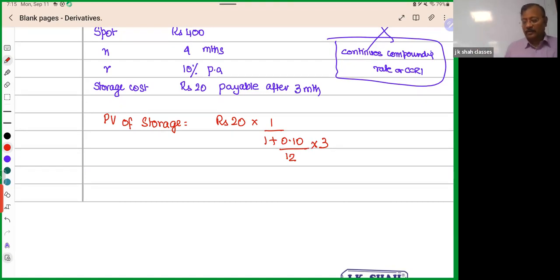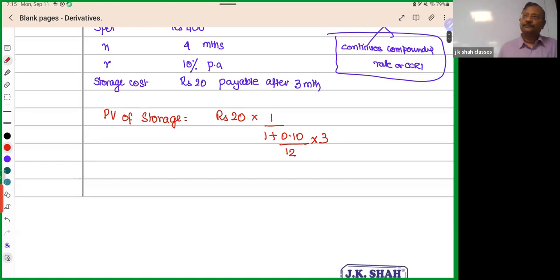Discounting for 3 months. How much does this come out to? 19.51. This is my PV of storage, right?